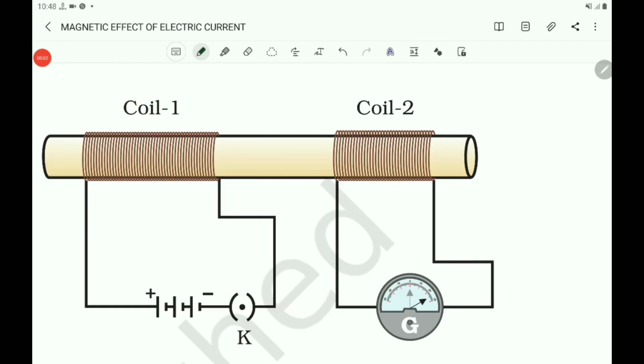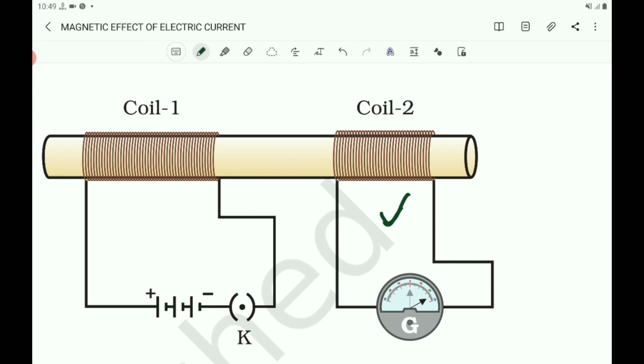And the other way is having a primary coil and a secondary coil, changing the electric current in the primary coil, and that induces the electric current in the second coil. Here the magnetic field is created by using the electric current, and by changing the electric current the magnetic field linking with the second coil changes and induces the electric current in coil 2.